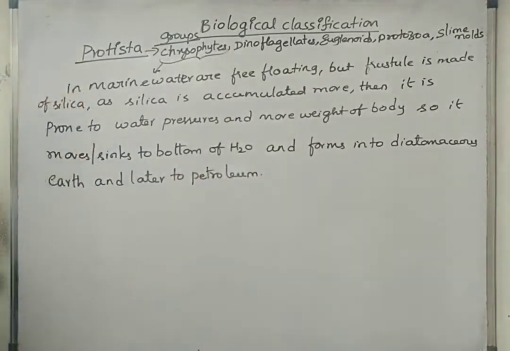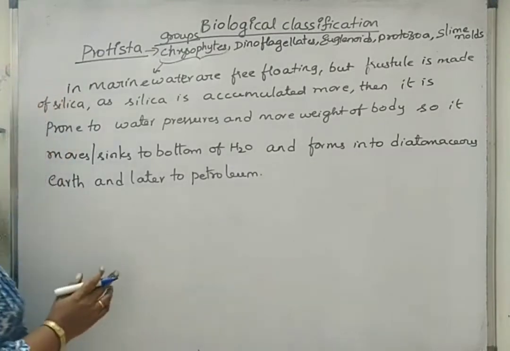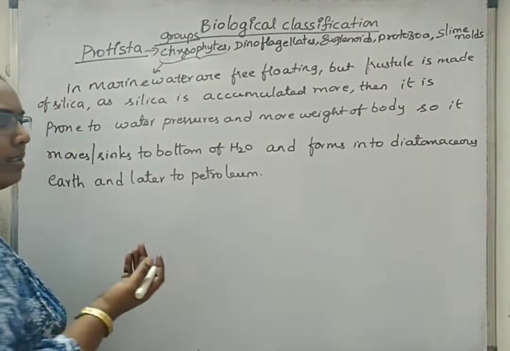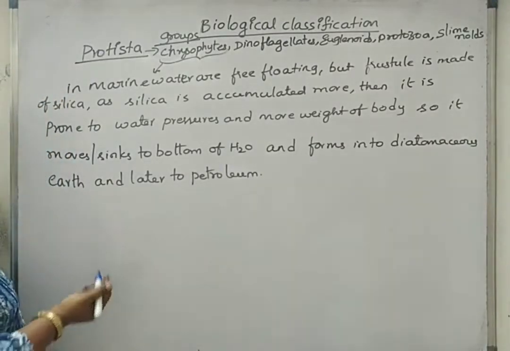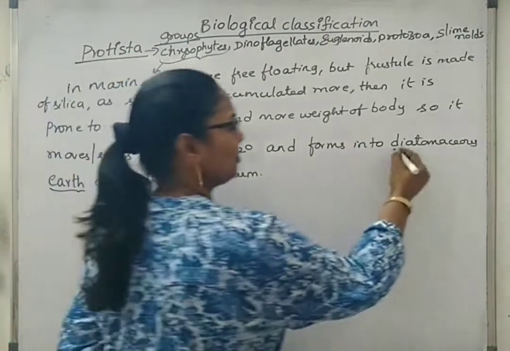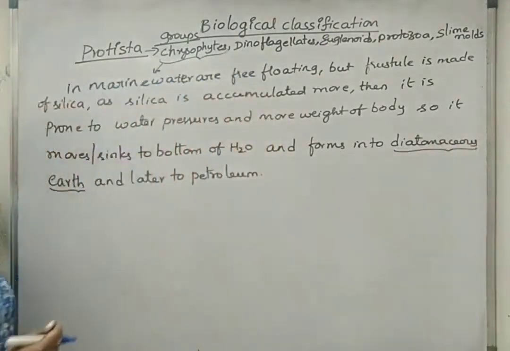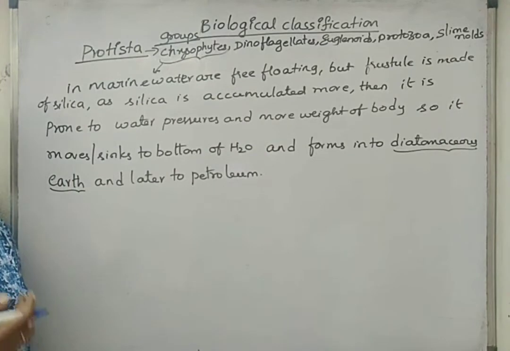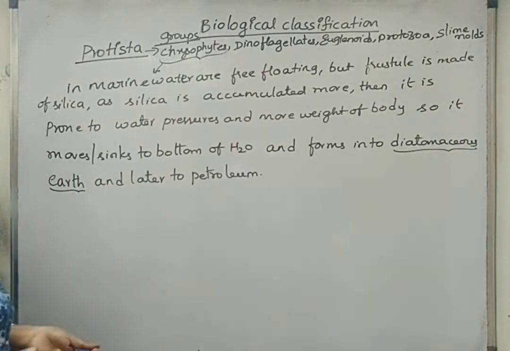When more and more diatoms, after their death, have all their frustules come to the seashore in large quantities, then we use the term diatomaceous earth.